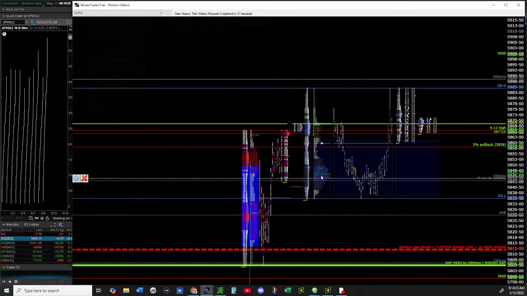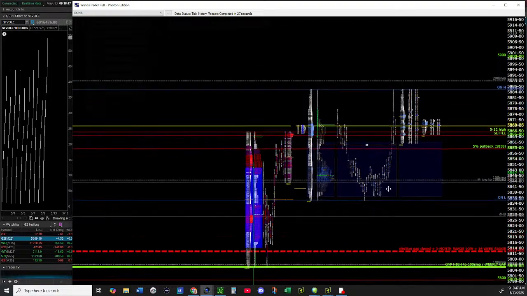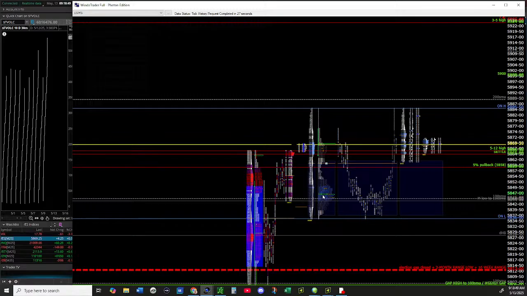This may not be relevant, but also this is in the upper side of yesterday's, so this could be revisited. If we would have, for example, a POC up here above yesterday's with everything going to the upside, that has more odds. Right? That has more odds of being revisited.